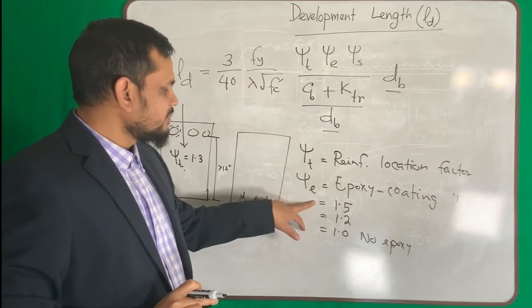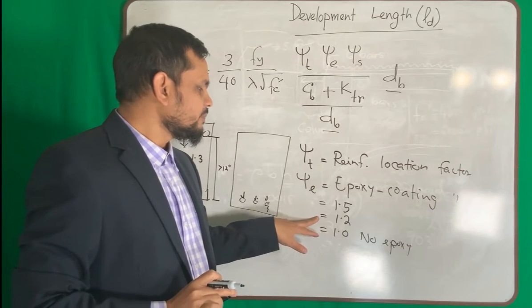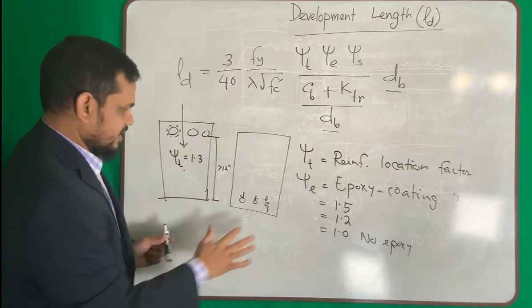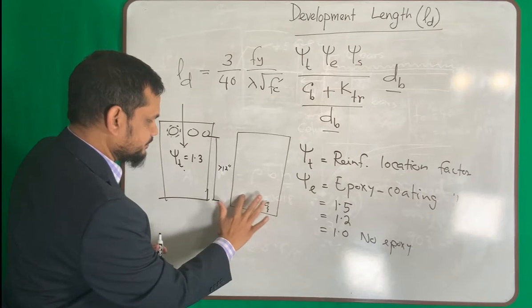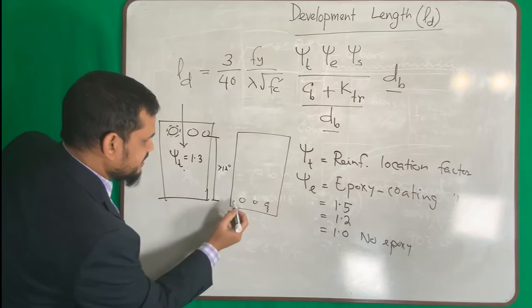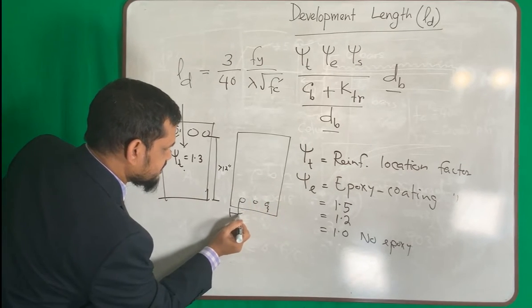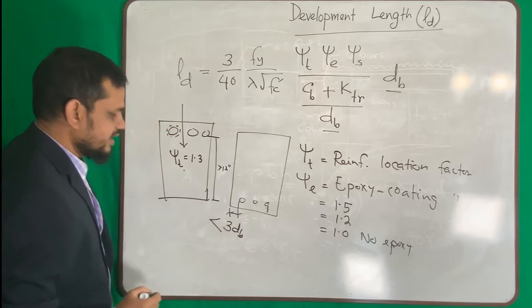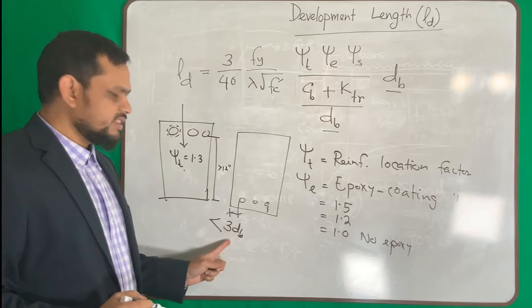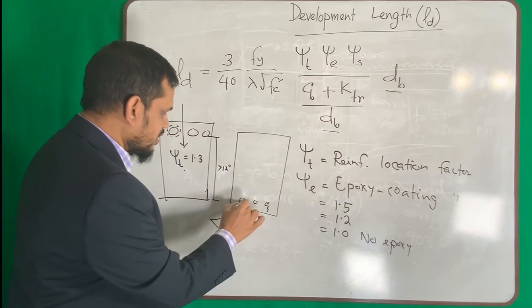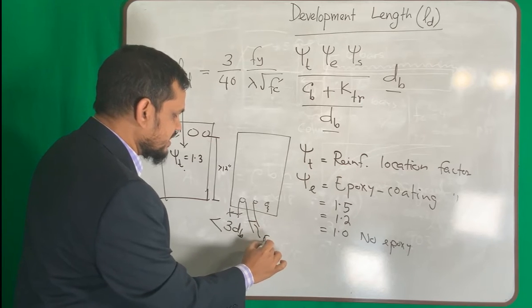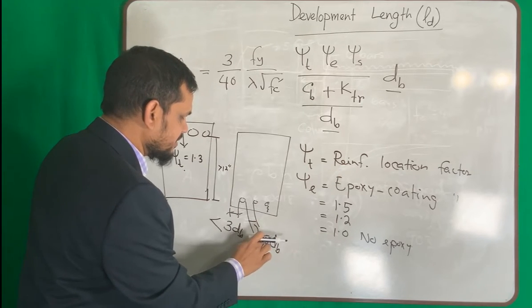Now, when is it 1.5 and when is it 1.2? 1.5 will be if this spacing is less than 3 times the bar diameter, or this clear spacing is less than 6 times the bar diameter.